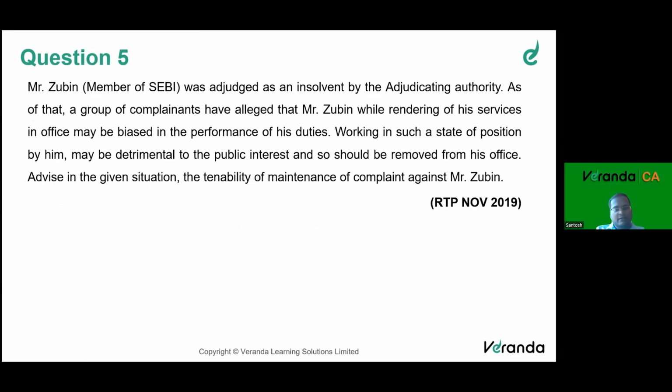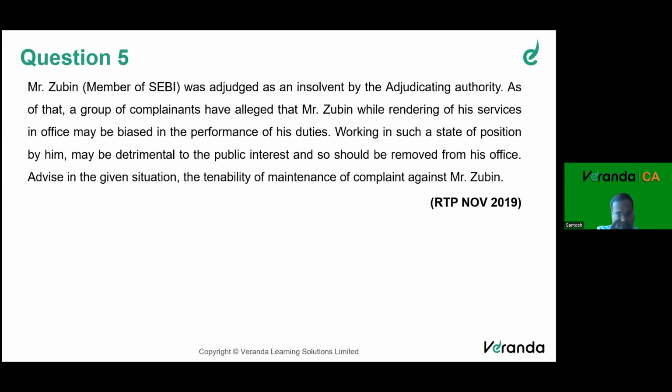Question number 5, which is from RTP November 2019. Mr. Zubin was adjudged as an insolvent by the adjudicating authority. As of that, a group of complainants have alleged that Mr. Zubin, while rendering his services in office, may be biased in the performance of his duties. Working in such a position by him may be detrimental to the public interest, so he should be removed from his office.